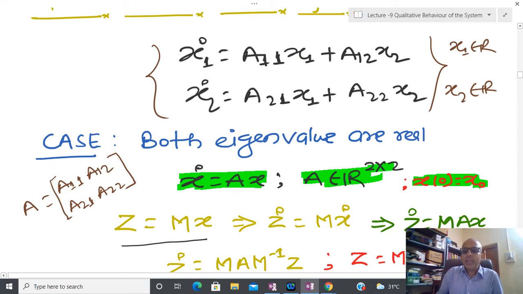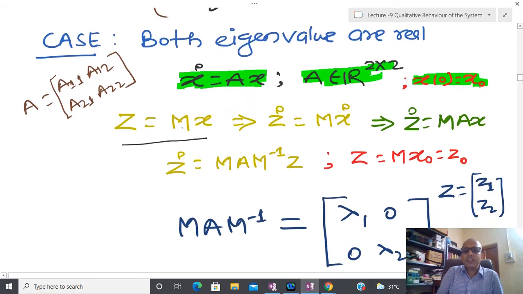Due to that reason we introduced a transformation, and finally we found that we can relate this transformation with the eigenvalues of matrix A. If you calculate the eigenvalues of the transformed system or the original system, both are exactly the same. It is possible to show that M here is a 2 cross 2 matrix.